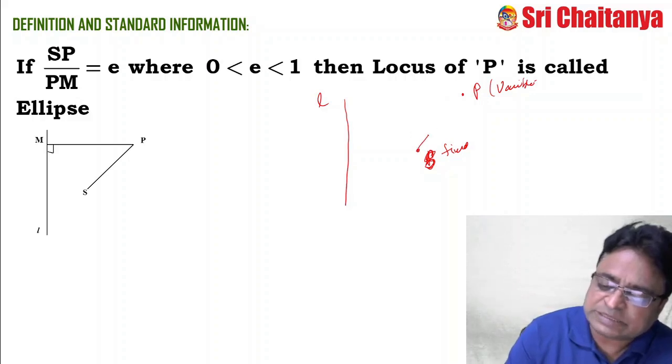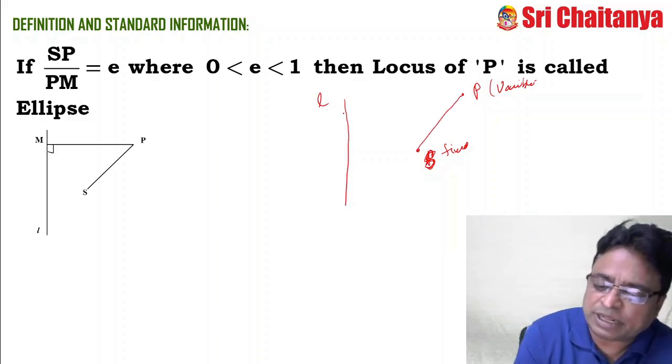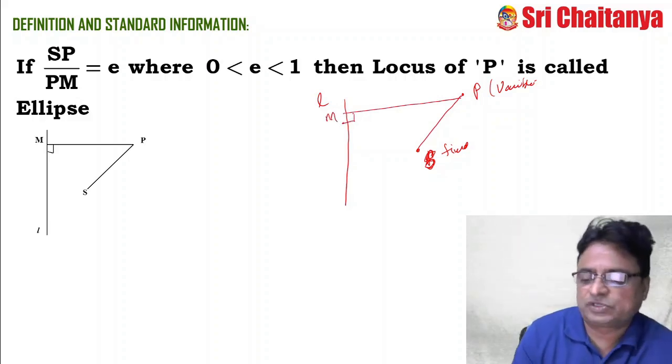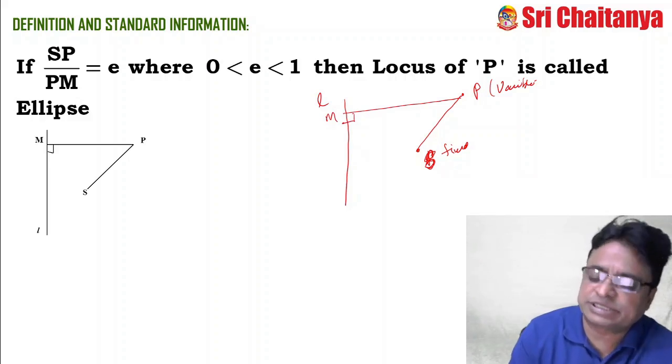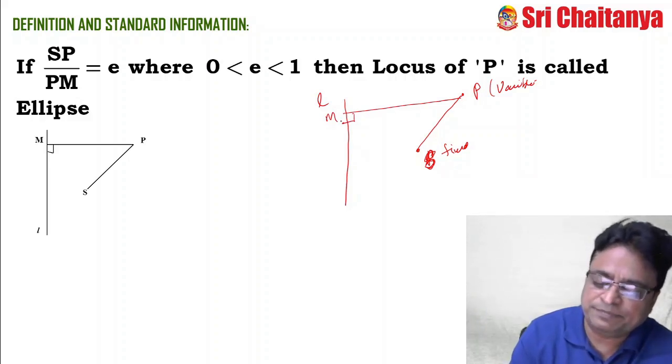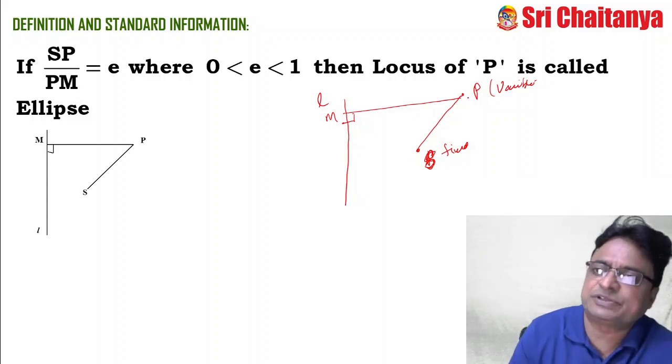Draw SP and draw a perpendicular PM from P onto the fixed line L. So PM is the perpendicular distance drawn from the variable point P, and join S and P, where S is the fixed point.